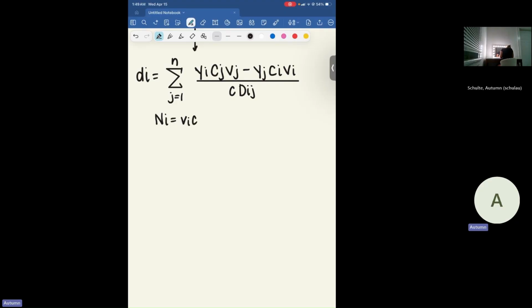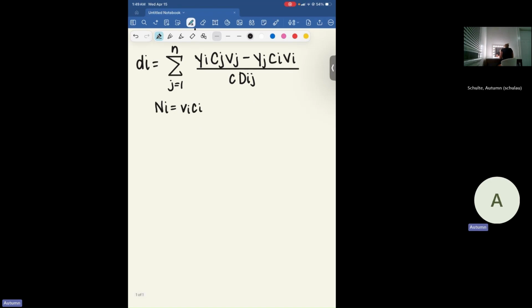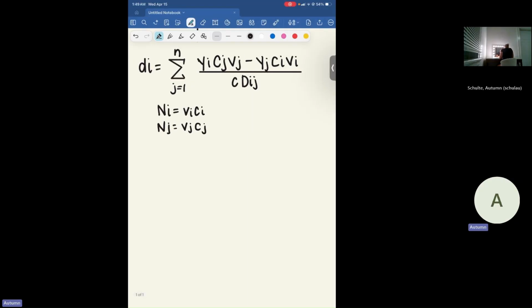So we multiply this by our molar concentration of species I. And the same thing can be said for component J. It's going to be the velocity of component J multiplied by the molar concentration of component J. And conveniently, we have both of these terms in our equation. So we can now plug in for the molar flux of I and the molar flux of J.